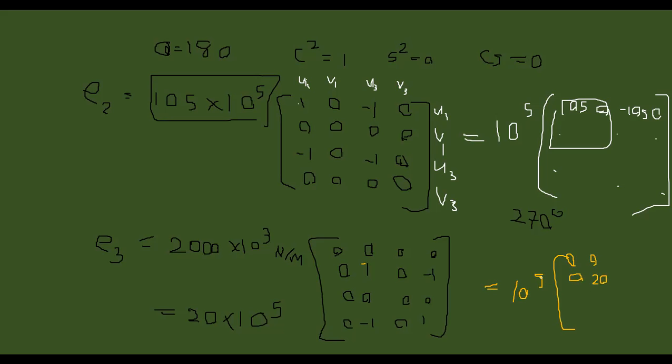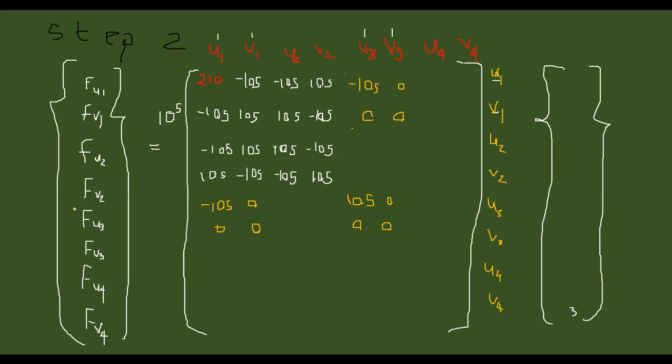Likewise, all would be multiplied by 20, and it is from 1 to 4, that means u1 v1 to u4 v4. So the element for u1 v1 and u1 v1 will be 0 0 0 20, so 20 will be added here, right?